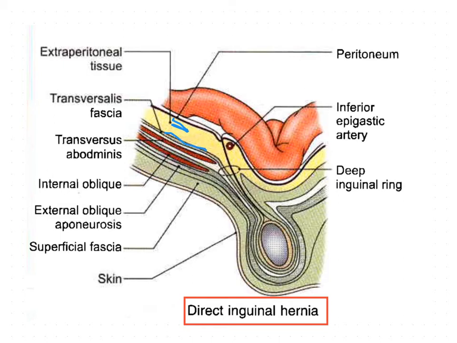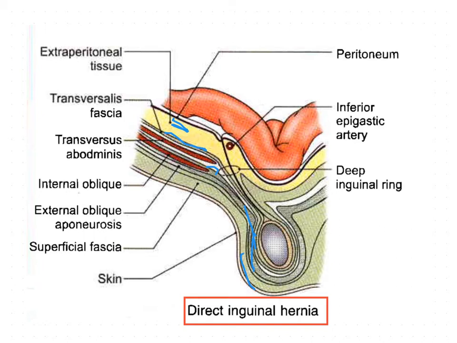Next is the cremasteric fascia, and then external spermatic fascia. Here we can see the external spermatic fascia, and then the skin. So these are all the coverings of the lateral direct inguinal hernia.